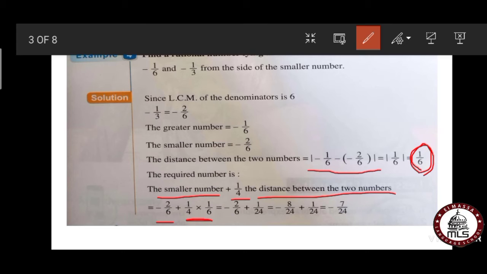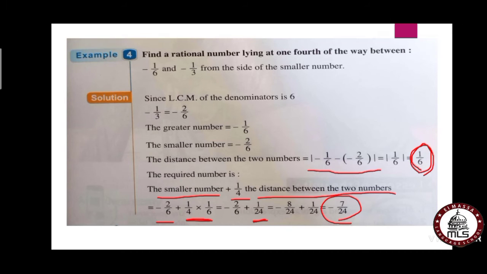At first we make the multiplication, which equals 1 over 24. Then -2 over 6 plus 1 over 24 equals -7 over 24. This is the number lying at 1/4 of the way between these fractions from the side of the smaller number.